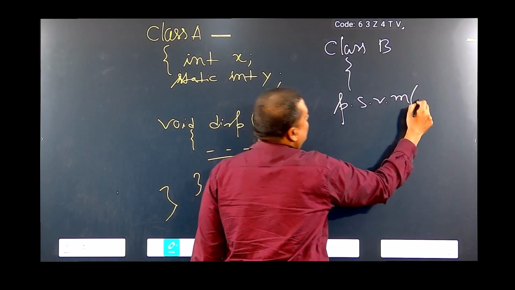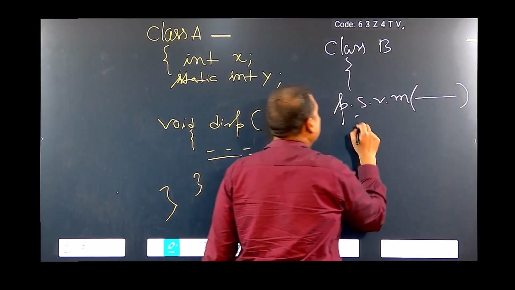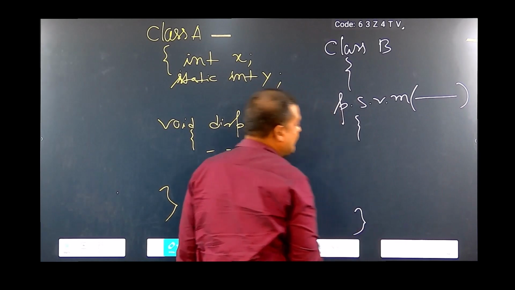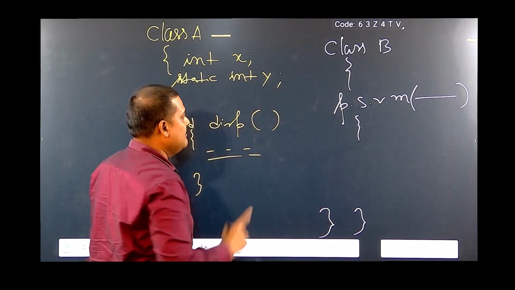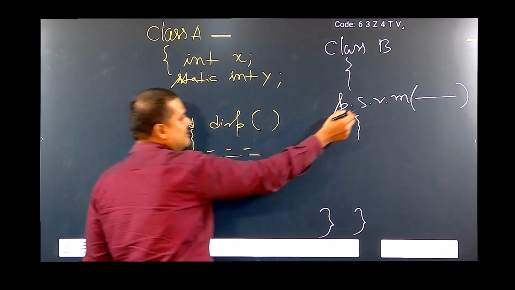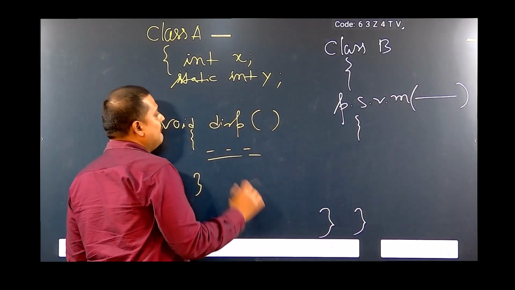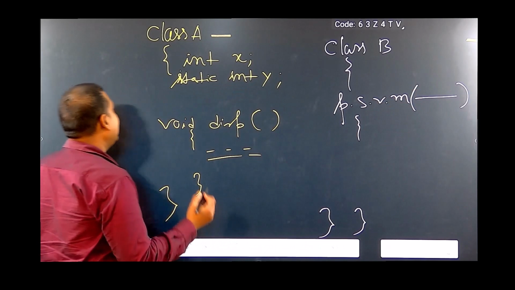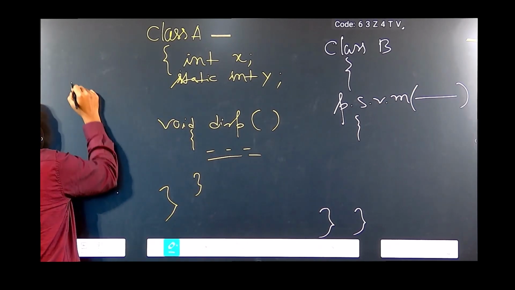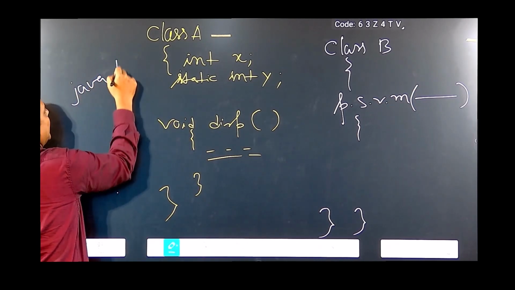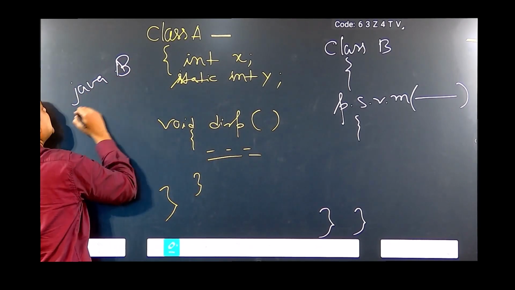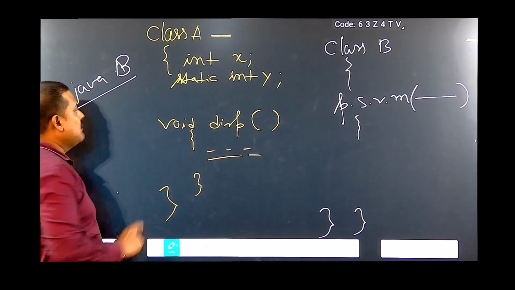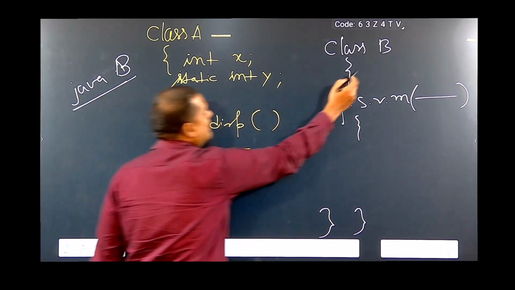For saving time, I am just writing P for public, S for static, void, M for main, and string args. Now look, when I am calling, the class name is B, so I will call java B. When I call this java B, what will happen?